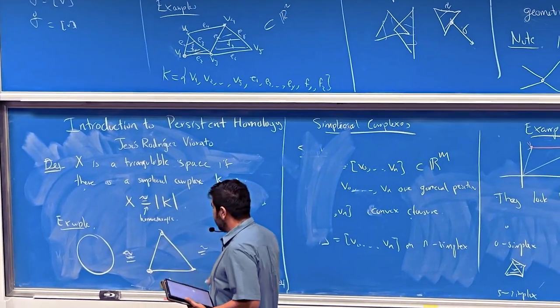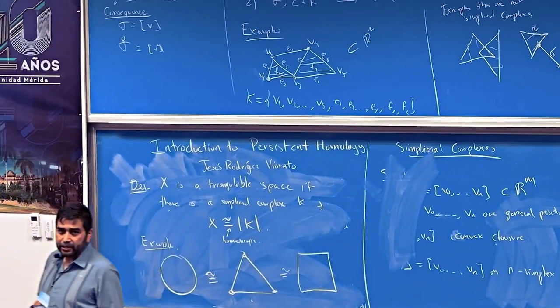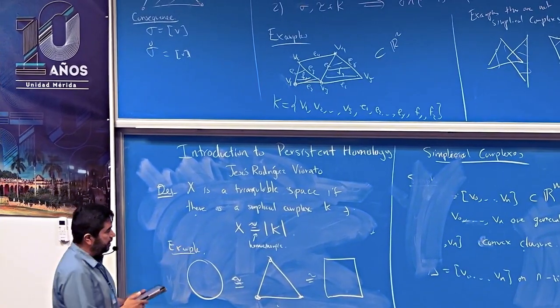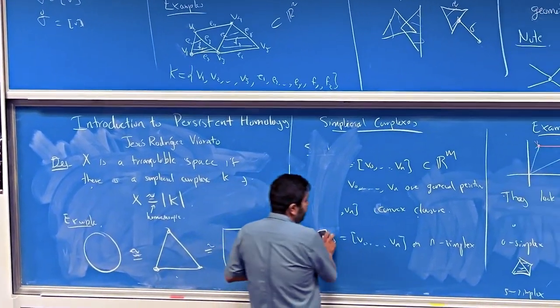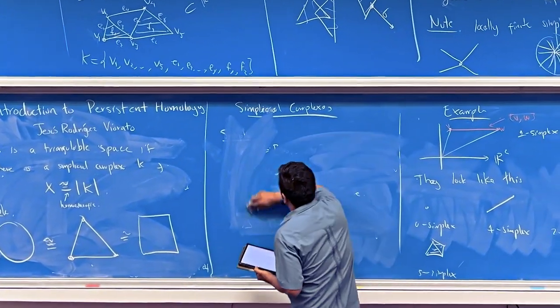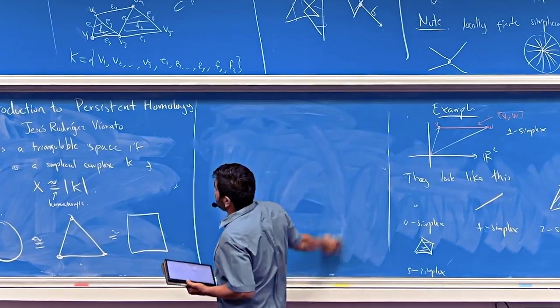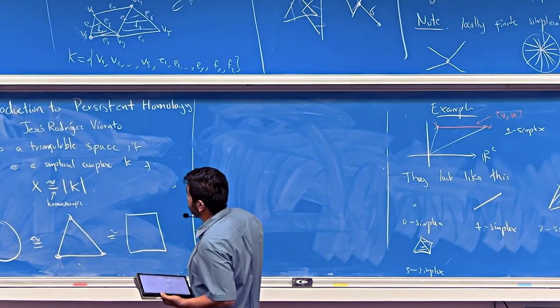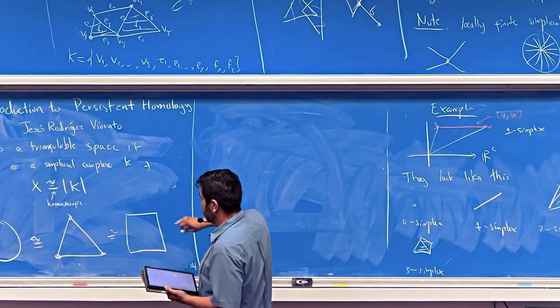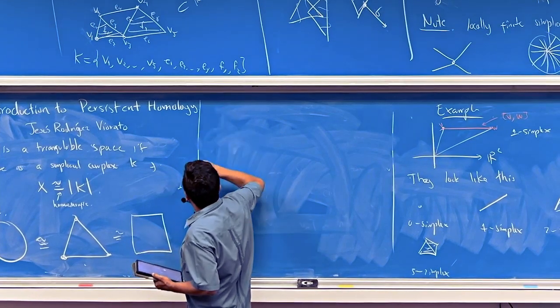But these things are not unique. For example, you can have something like this, right? It's also another simplicial complex structure on the same topological space. The simplicial complex structure is kind of rigid, compared to other structures like cell decompositions.